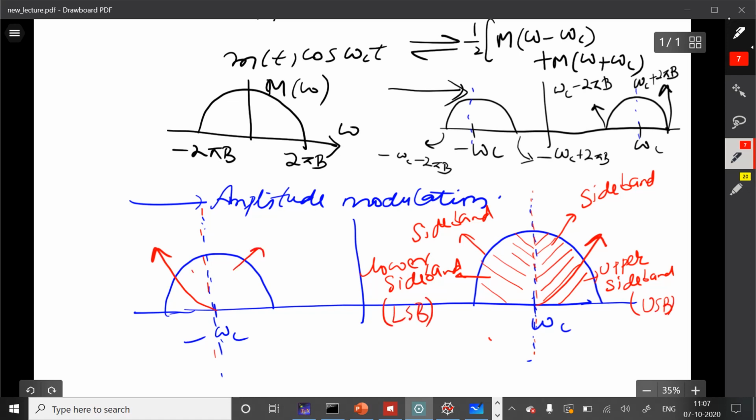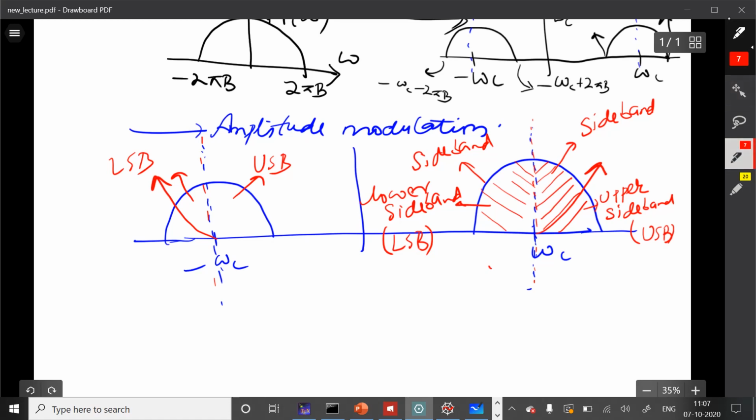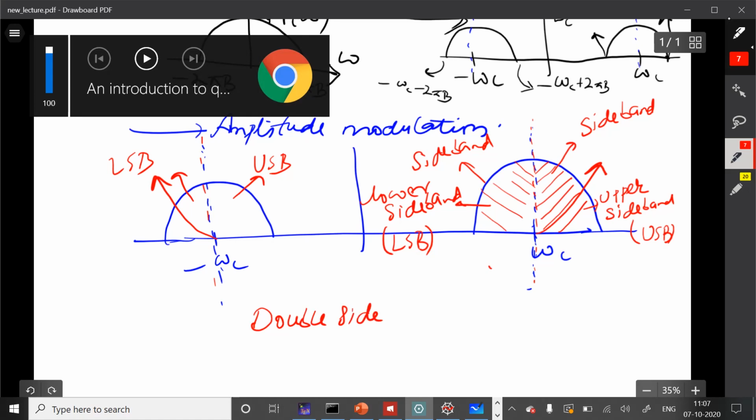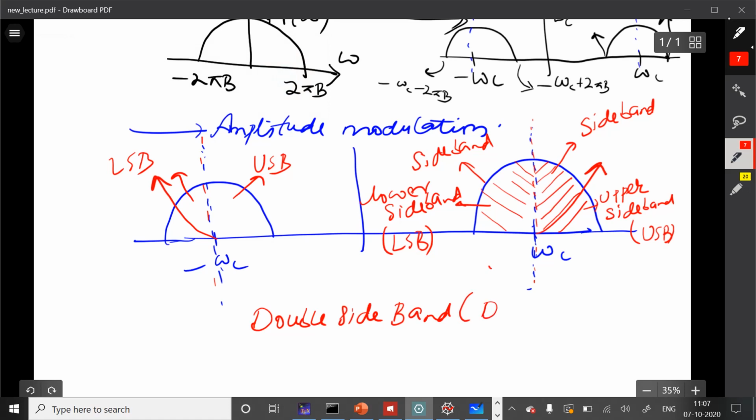Similarly here also, this will be the upper side band and this will be the lower side band. Okay, so because of two bands, we will see later on we can have a scheme where there is only one side band. So because of two bands, we call this type of amplitude modulation as double side band, DSB. Okay, double side band.